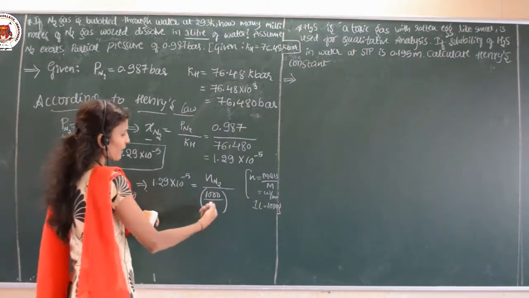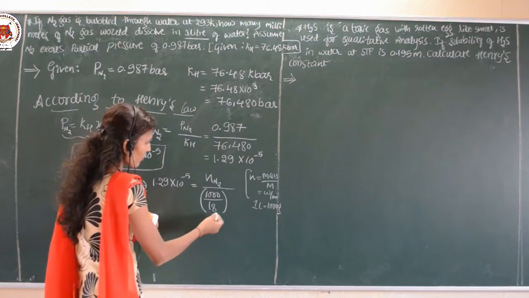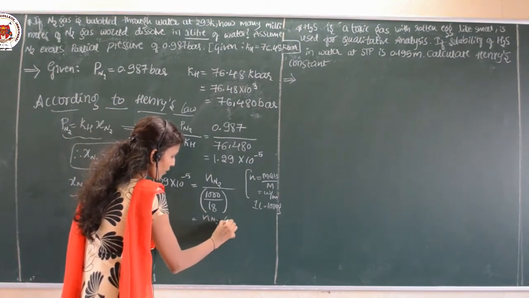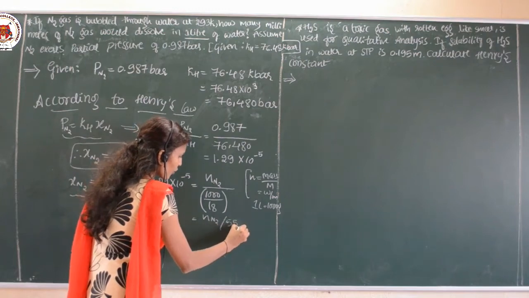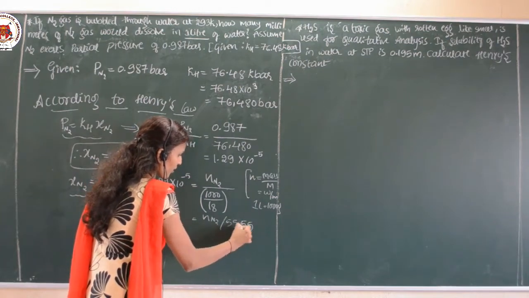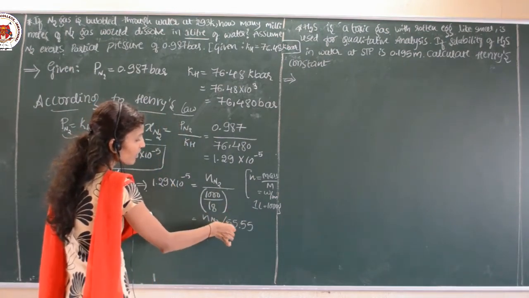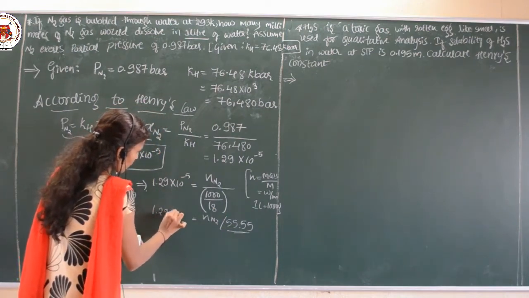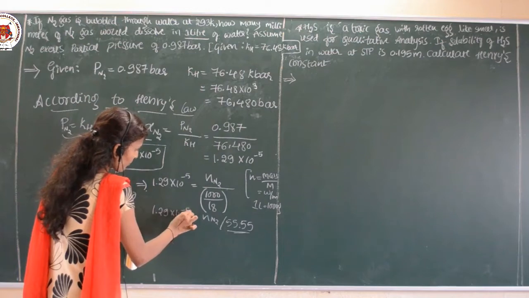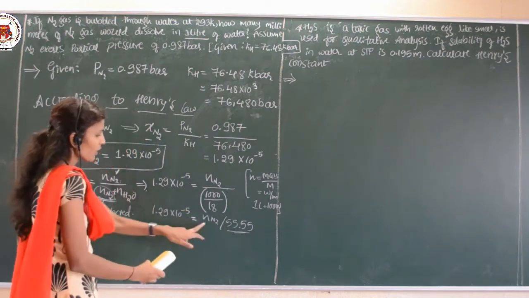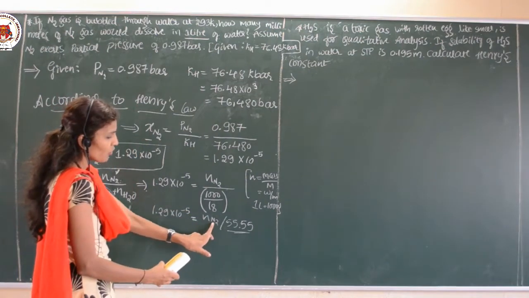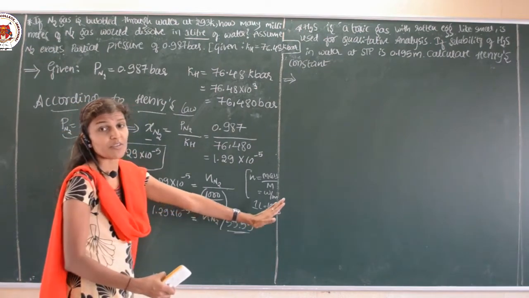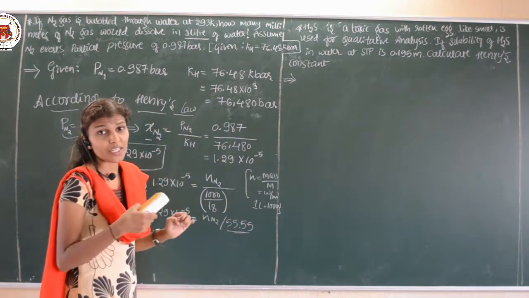When we calculate 1000 divided by 18, it is approximately 55.55. Therefore 1.29 into 10 to the power minus 5 is equal to N2, the number of moles of nitrogen, divided by 55.55.